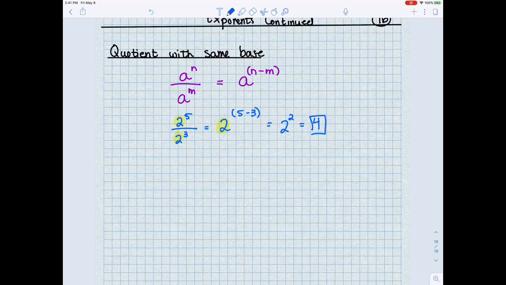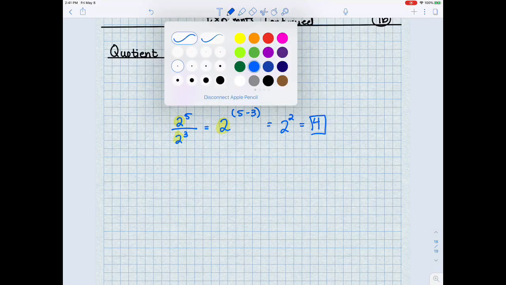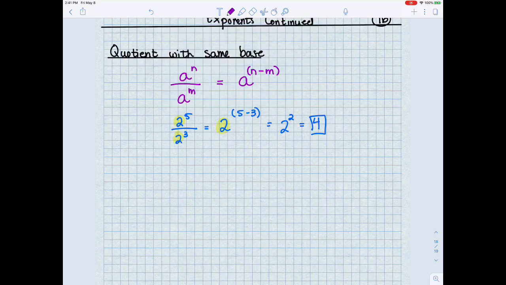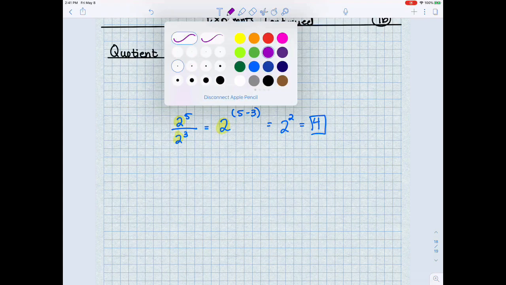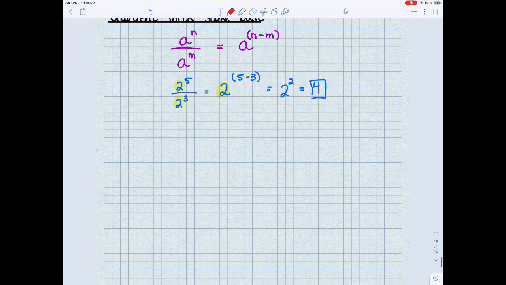Okay, let's take a look at another example. Let's say I have a negative exponent in here. We'll do 2 to the negative 3rd power divided by 2 to the 2nd power.